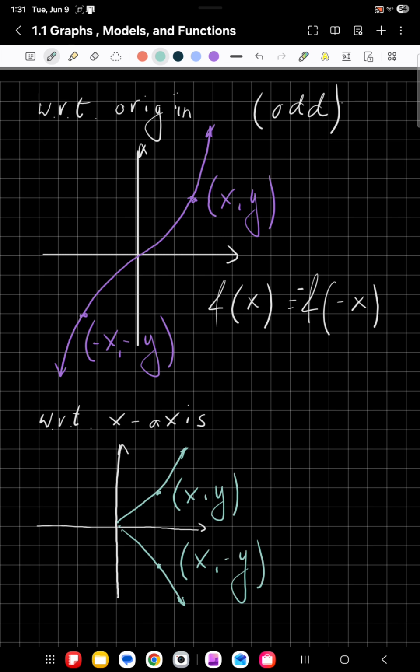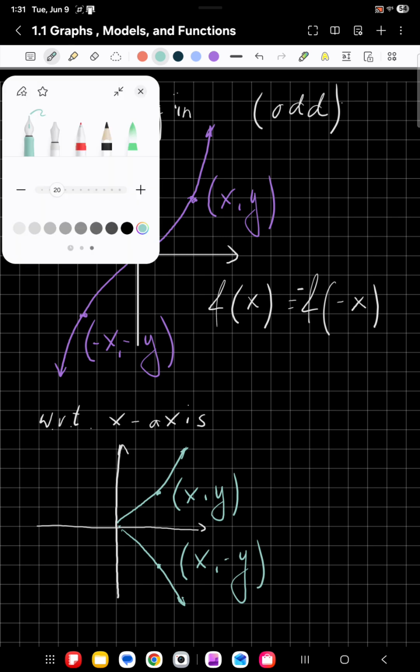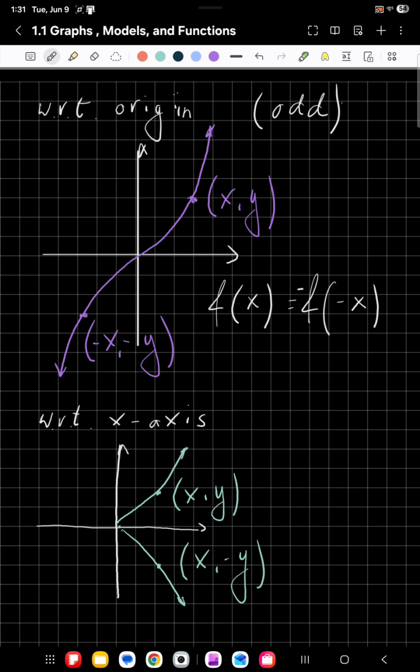Okay, and then again, we have the condition for a relation to be symmetrical with respect to the x-axis. It would be something like this, right? So if I take f of x, I would get f of x, but with a negative.